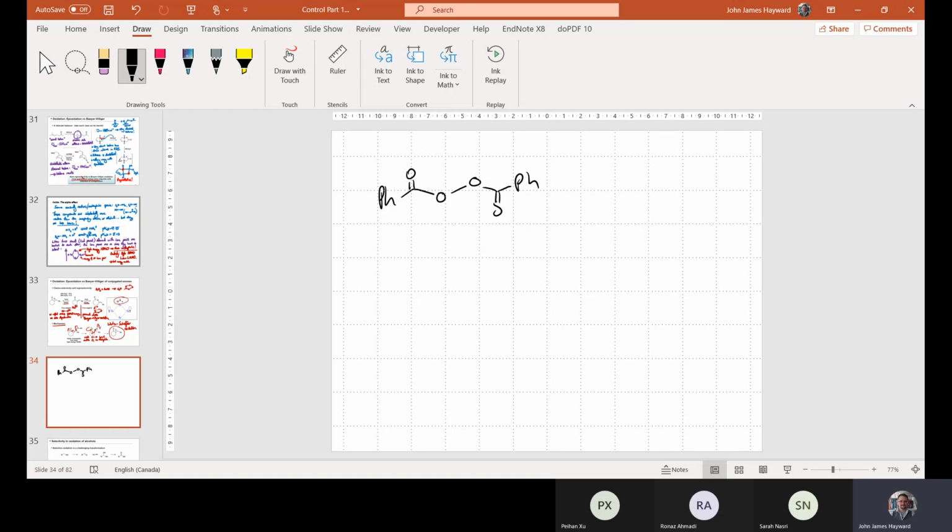Now, under those circumstances, because you have carbonyl groups at both ends, that of course pulls electron density away from the OO bond. So in actual fact, this bond is even weaker than usual. There's very little electron density there. It really is a very weak bond. So heating it up, and you don't even need to heat it up a very great deal, would do that.